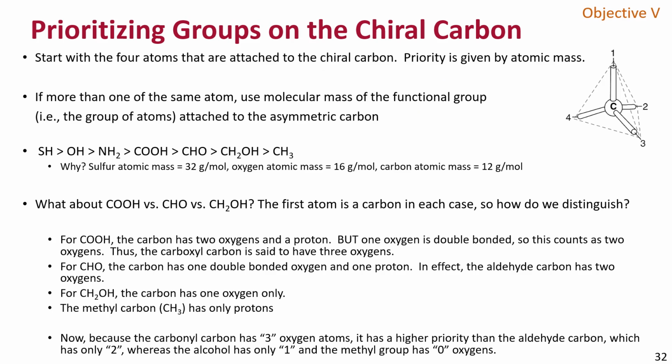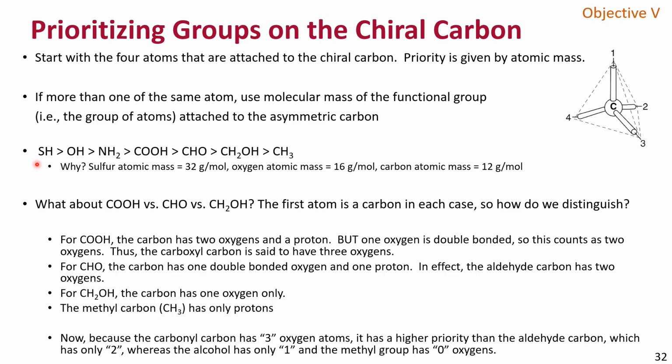Okay, so here's how you actually do the prioritizing. Maybe I should put this up earlier. You go by the atomic mass, so sulfur has a higher atomic mass, and oxygen is higher than nitrogen. Oxygen is 16, nitrogen is 14, carbon is 12. When you have more than one oxygen, there's going to be more atomic mass, compared to one oxygen that's double bonded or one oxygen that's single bonded versus a simple carbon here.